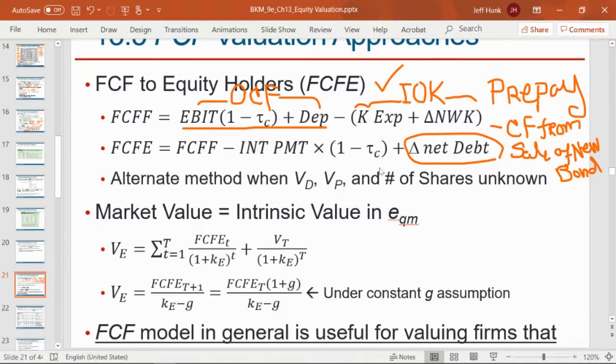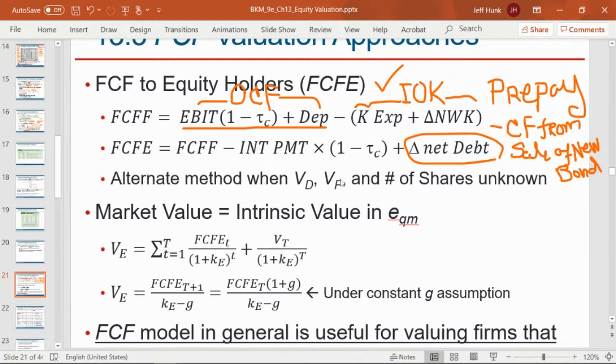Tau C is the corporate tax rate. This is something discussed already in Finance 230, corporate finance. It's the tax shelter, or tax break, as much as the tax you're saving on interest payment.